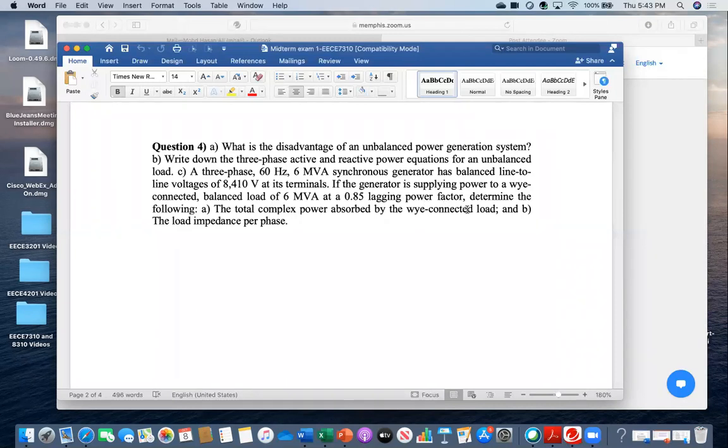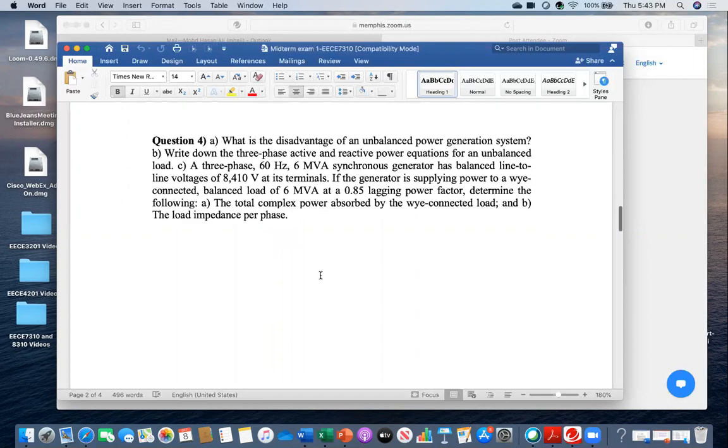If the generator is supplying power to a Y-connected balanced load of 6 MVA at a 0.8 lagging power factor, then determine the following: the total complex power absorbed by the Y-connected load, as well as what is the total impedance per phase. Two questions: total complex power as well as the load impedance per phase.